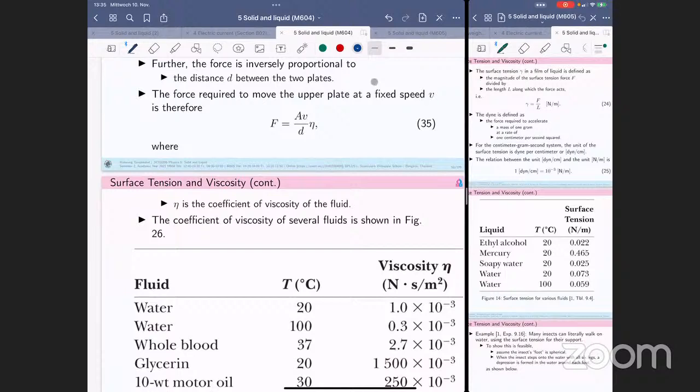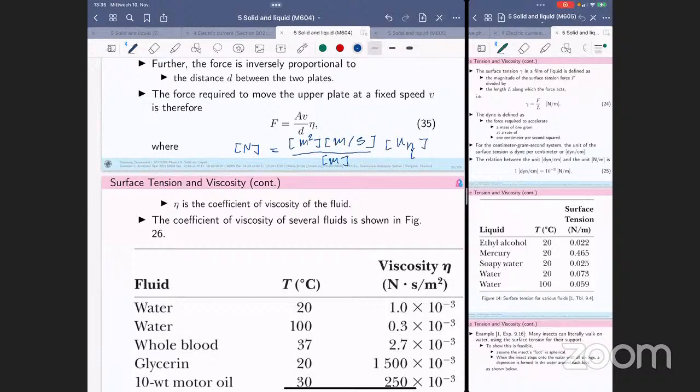You can see here on the left-hand side, this one is Newton, and it's meter squared, right? And it's meter per second, divided by meter, right? So here is the unit of eta.